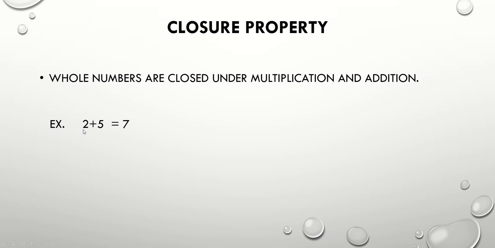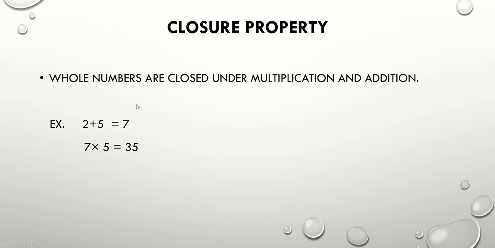So whenever you are adding two or more whole numbers, you will get the answer as a whole number only. Same in the case of multiplication. Suppose you want to multiply 7 with 5. 7 and 5 both are whole numbers. When you find the product of this, that would be 35, and 35 is also a whole number. So what are we saying?